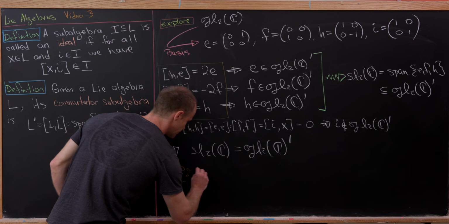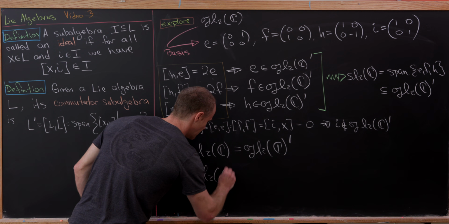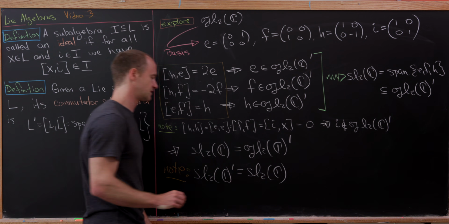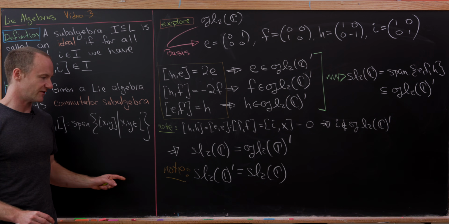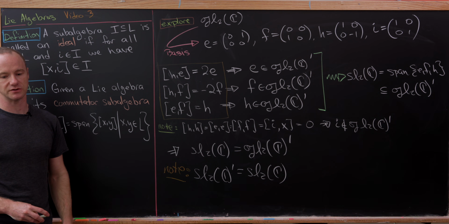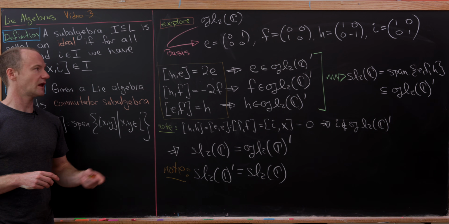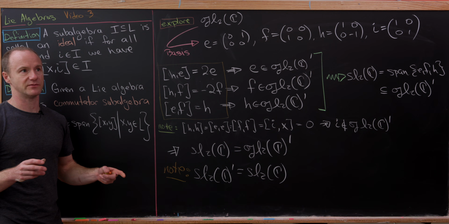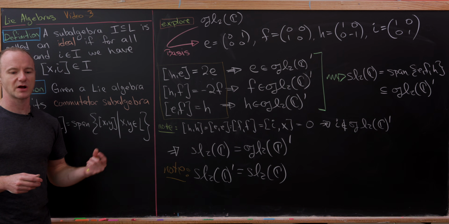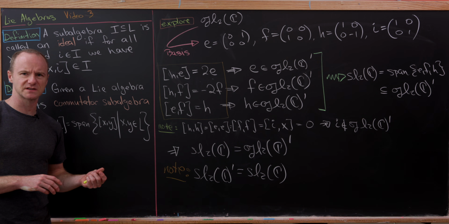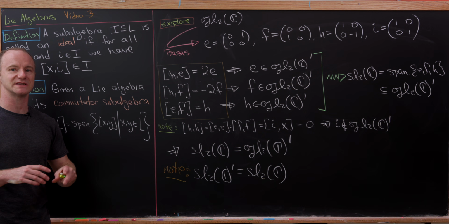So what that tells you is that SL2 prime really just equals SL2. In other words, the commutator subalgebra of SL2 is simply SL2. Now that we've looked at this a little bit, and we're going to look at commutator subalgebras in general in an upcoming video, I'd like to look at homomorphisms, isomorphisms, and isomorphism theorems in the context of Lie algebras.